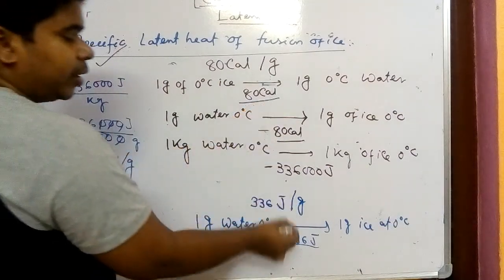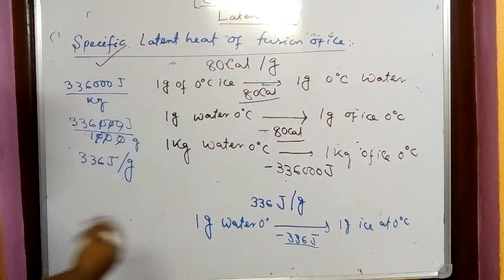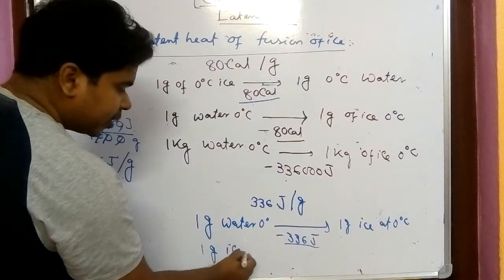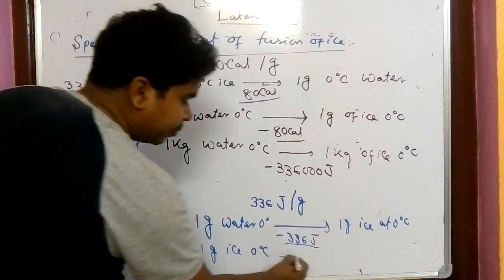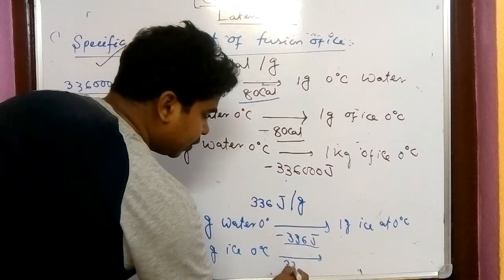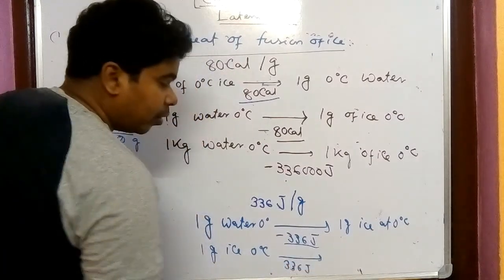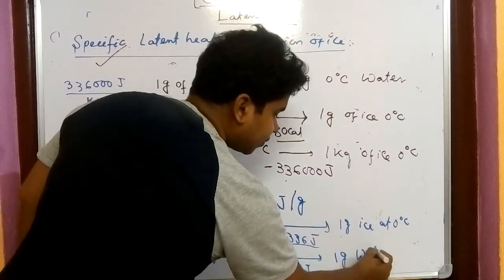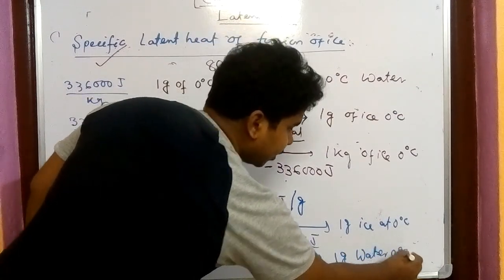Instead of using calorie, we are using joule. In another way, 1 gram of ice at 0 degree centigrade will take extra 336 joule of heat to convert to 1 gram of water at 0 degree centigrade.